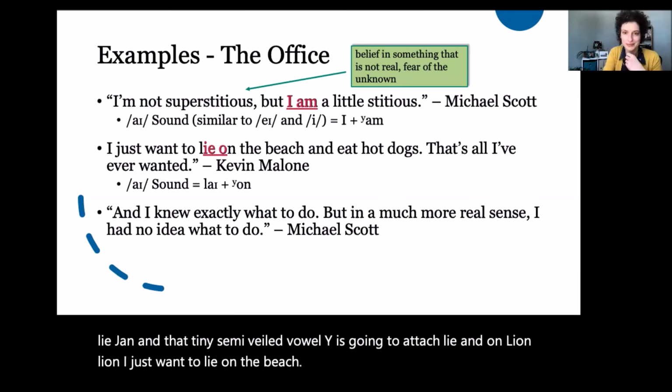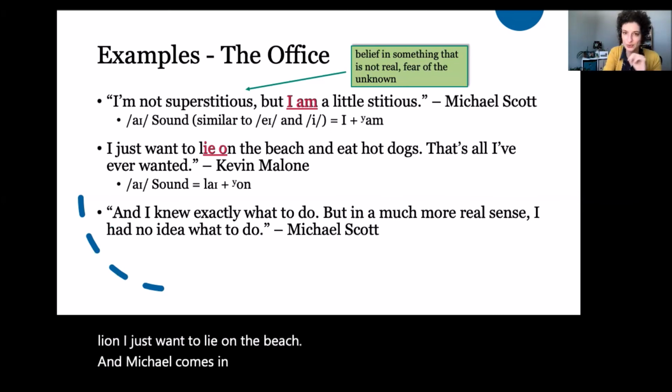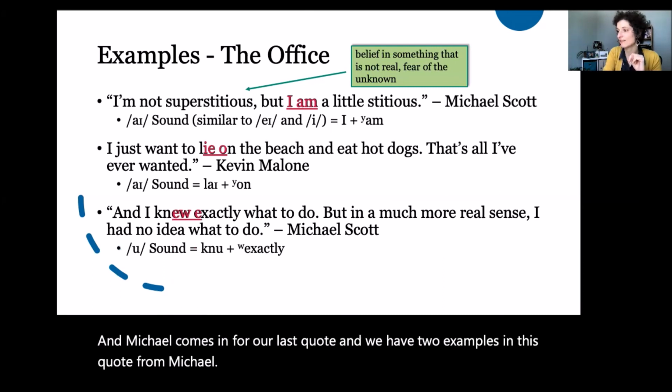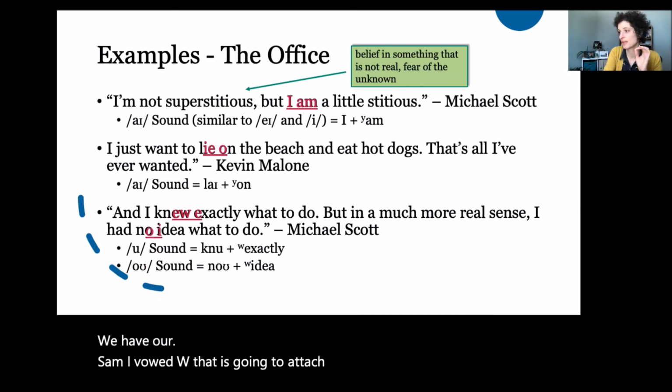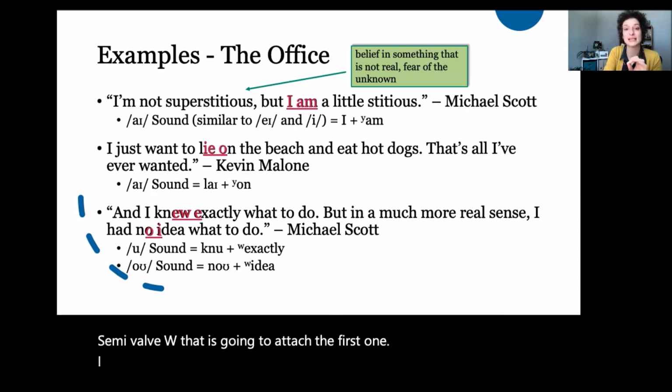And Michael comes in for our last quote, and we have two examples in this quote from Michael. We have our semi-vowel W that is going to attach the first one. I knew exactly, right? And no idea.